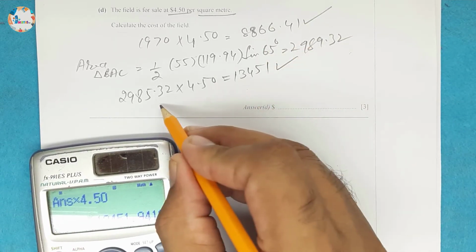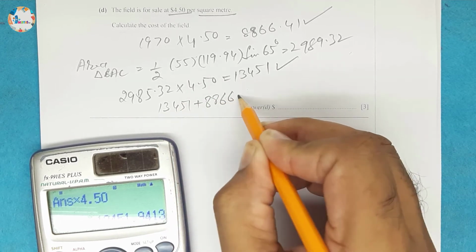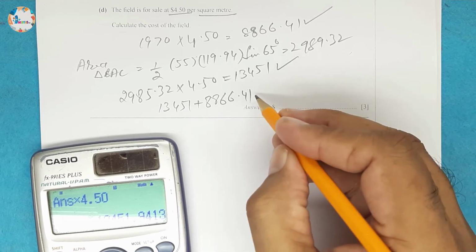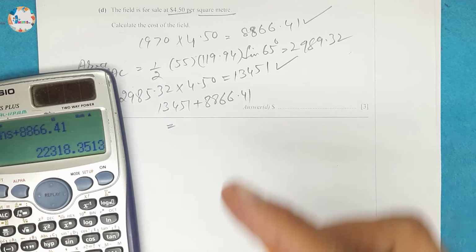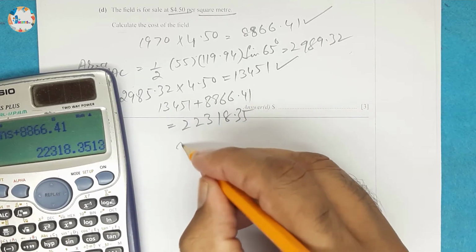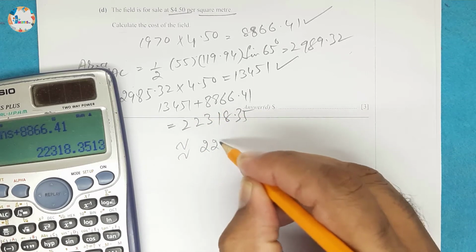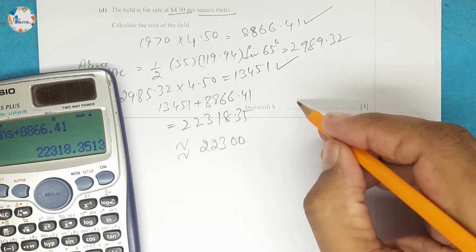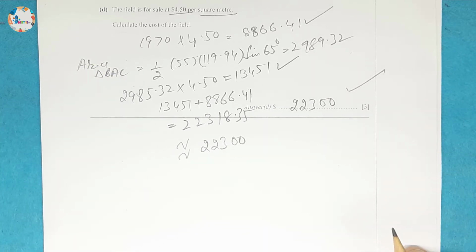So we can write 13451 plus 8866.41, and this will be equal to 22318. And we can write it up to 3 significant figures. We can provide 22300. So 22300, this will be the final answer for this question.